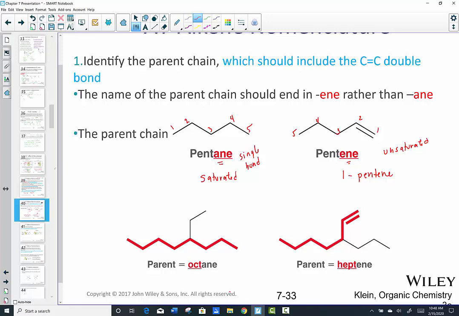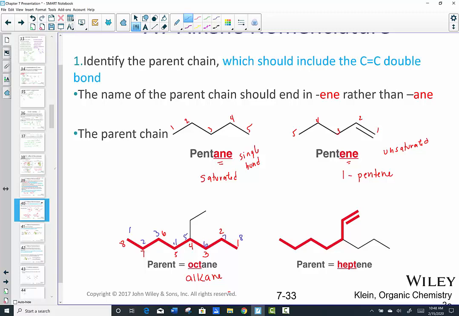In this example, this is a saturated hydrocarbon, an alkane. So I would number this, making sure that I just check both directions so that the branch would receive the lowest number possible.